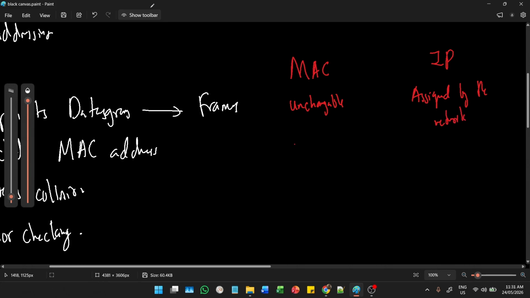So MAC address is always used between local devices, whereas IP address is used between not only local but the entire network, the global network and so forth. The best way to think about this is IP address is the town and MAC address is the house address, the specific house address. So IP address can be used to go from above the router. Let's say we have a Wi-Fi router that we are connected to.